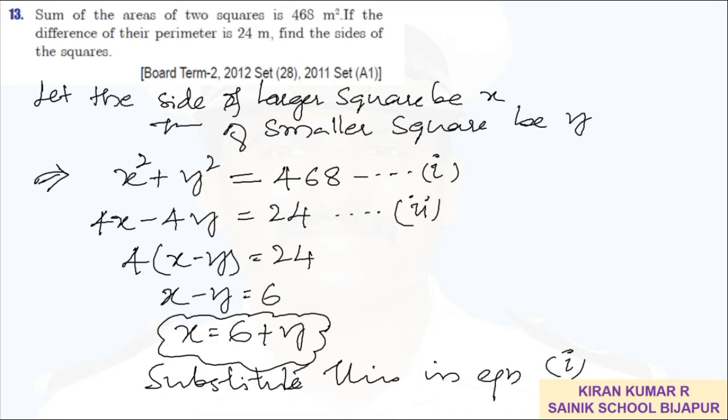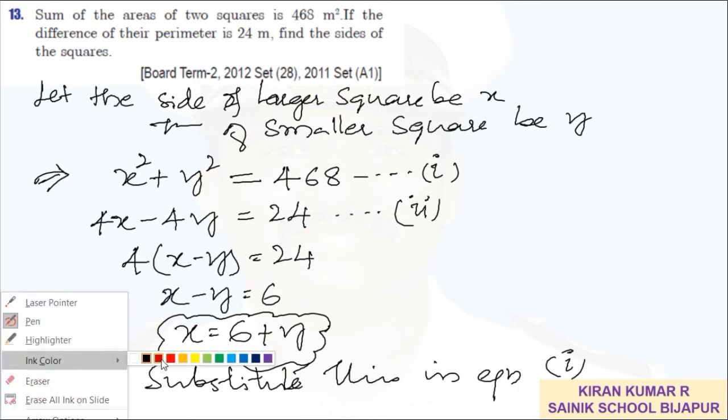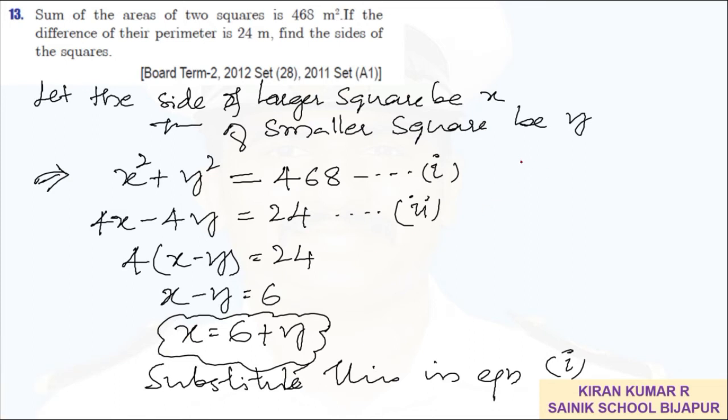We get, let me change the color and write it there only. In the place of x, we will substitute 6 plus y whole square plus y square equal to 468.